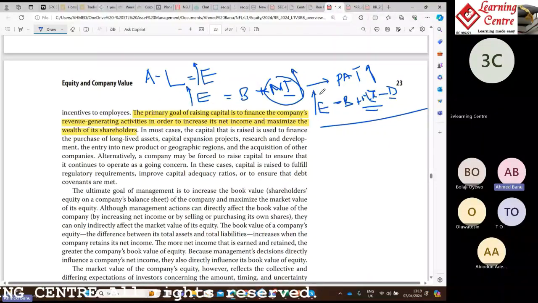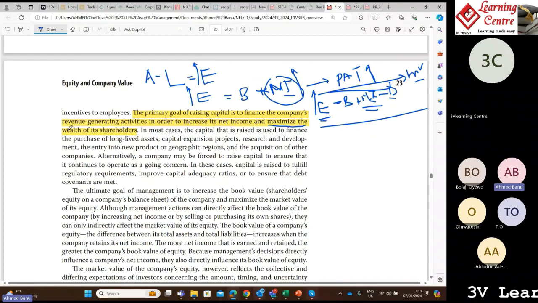And remember what I said, there should be a positive relationship between your book value and your market value in the market. And with this is how they maximize shareholders' wealth.